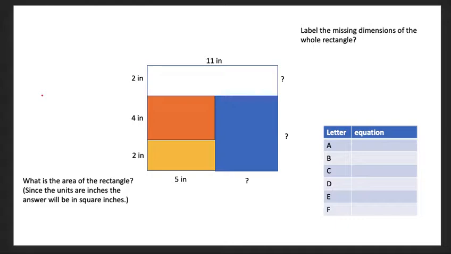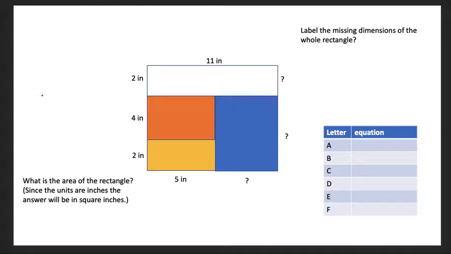So, today, our objective is to find missing dimensions on a square or rectangle and then be able to find the area. Now, previously, we were able to look at rectangles, split those rectangles into smaller rectangles, make multiplication equations out of that, and combine those rectangles together to find the area.